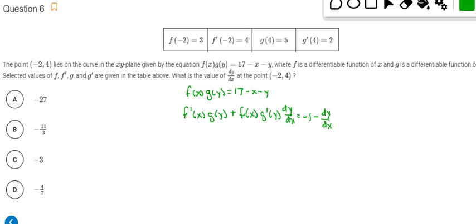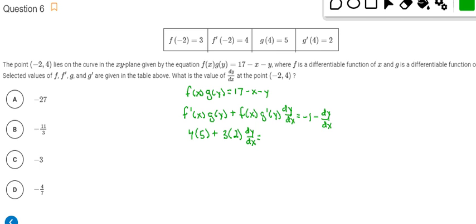All right, so f prime of negative 2 is 4. G of y, g of 4 is 5. Plus f of negative 2 is 3. G prime of 4 is 2. And that's still multiplied by dy dx.